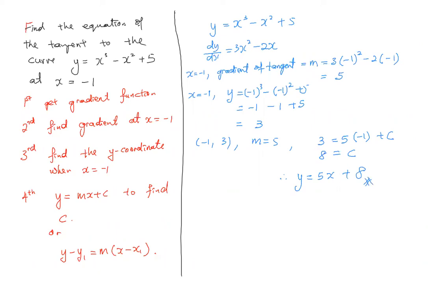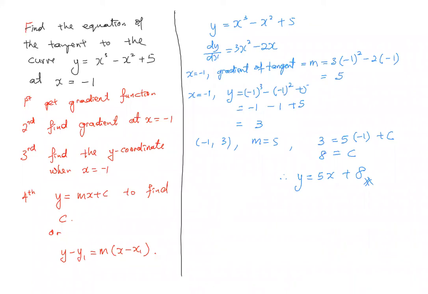So you see, when you talk about finding equation of a certain thing, there is a step to follow. You have to memorize the steps. Are you clear? These are 4 steps to get the equation of tangent.